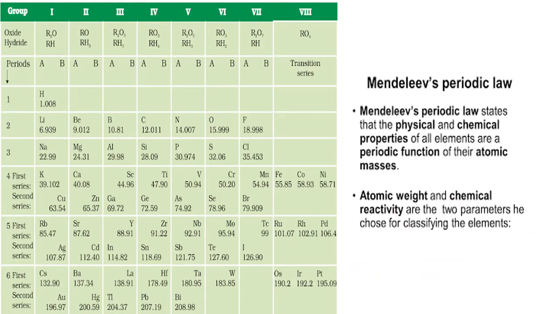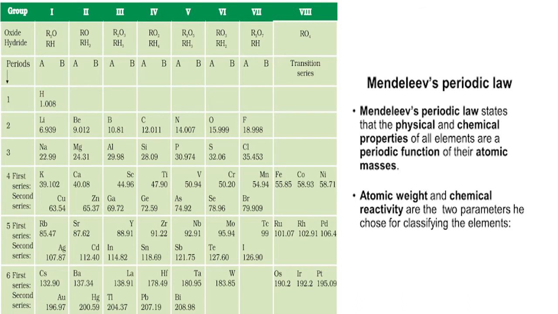It was made by a very eminent, very intelligent scientist from Russia, known as Mendeleev. He gave an excellent idea for classification, and he is called the author of the classification of elements. He was guided by two factors.